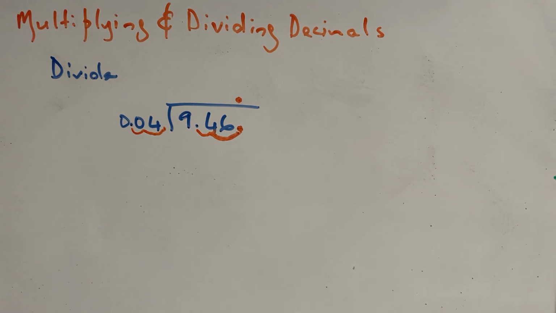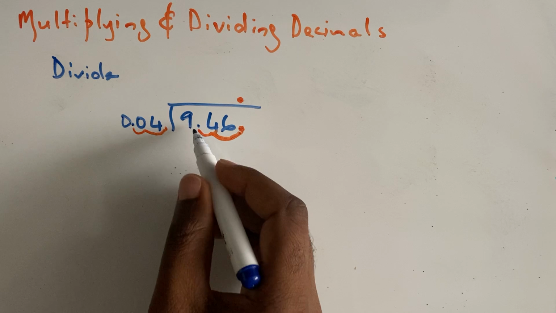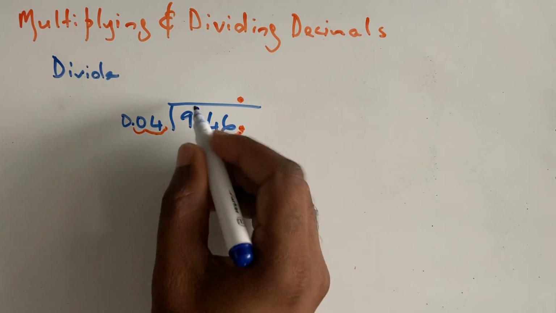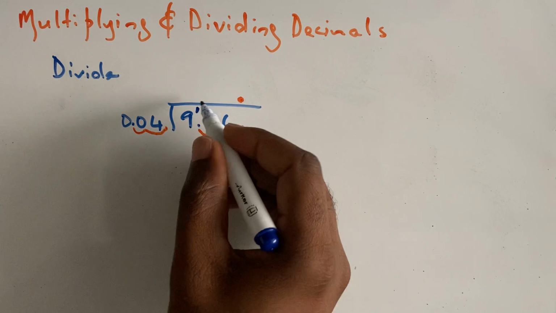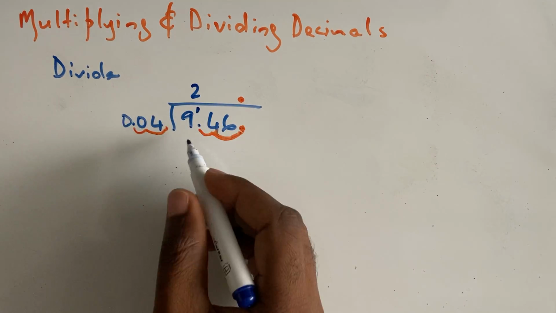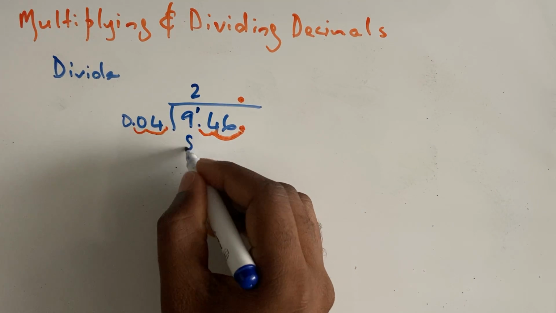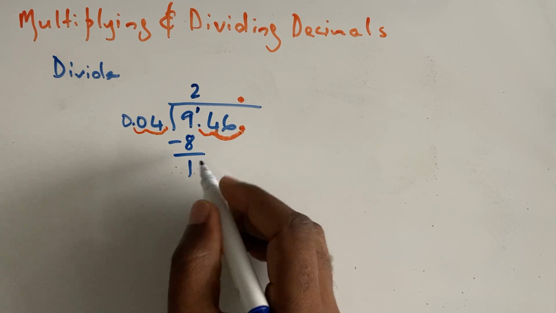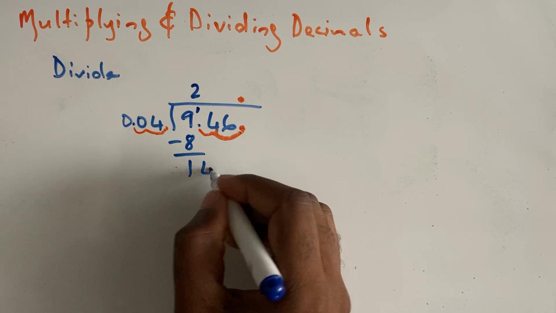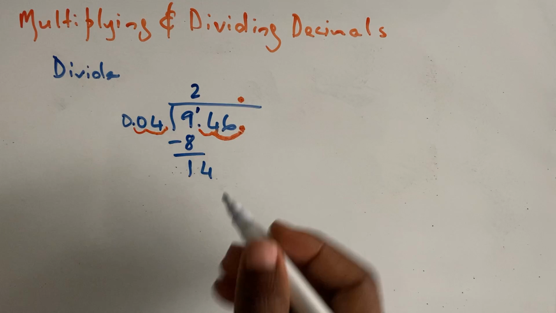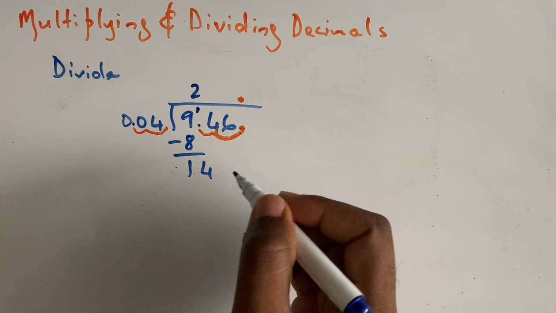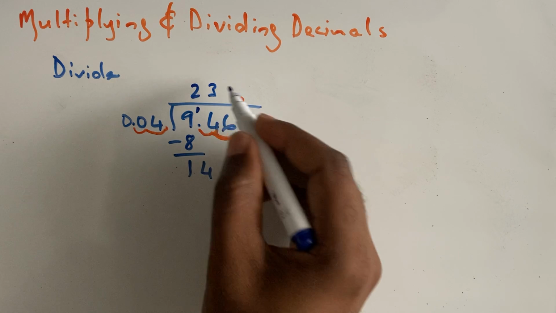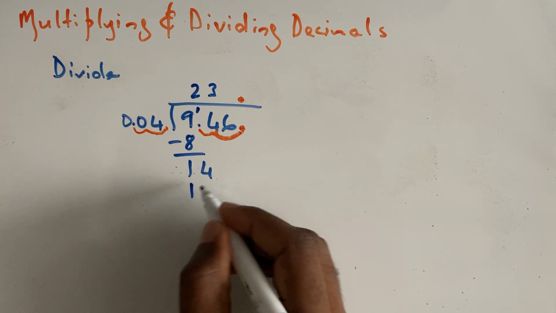We choose to go with 9 here, because 4 goes into 9 2 times. So you put 2 there. 2 times 4 is 8. You subtract, you get 1. Bring down the next number, which is 4. Then 4 goes into 14 3 times, because 3 times 4 is 12.